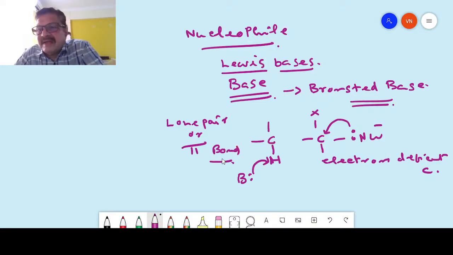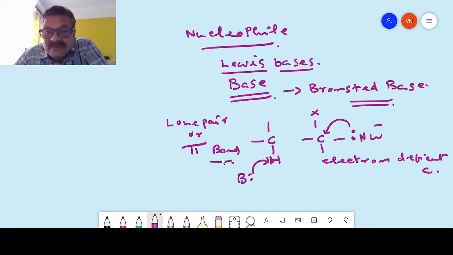Then what is the difference between these two? The difference is only in what they attack. Bases attack protons. The nucleophiles attack other electron deficient sites, electrophilic sites.